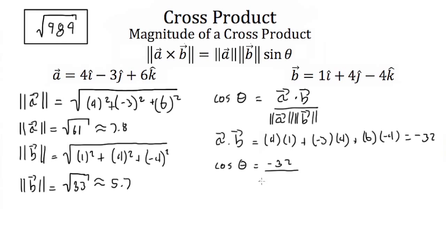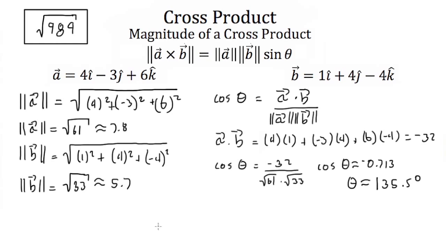So the square root of 61 times the square root of 33. That means the cosine of theta is about negative 0.713, and that theta is approximately 135.5 degrees.